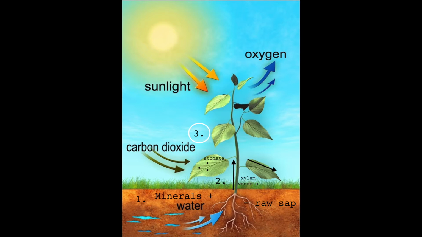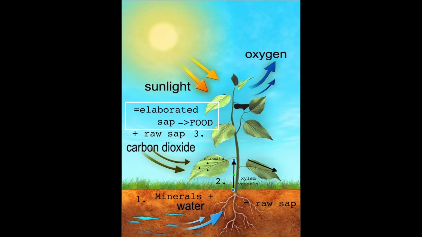The carbon dioxide mixes with the raw sap in the leaves and transforms it into elaborated sap. Elaborated sap is the food for the plant. During the day, plants also release oxygen as a waste product of photosynthesis.